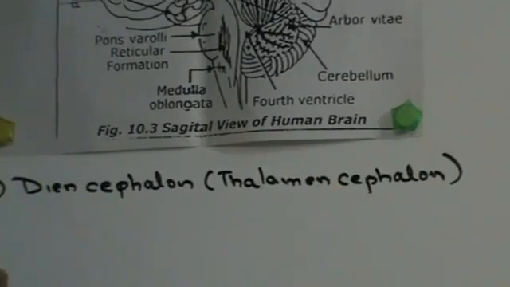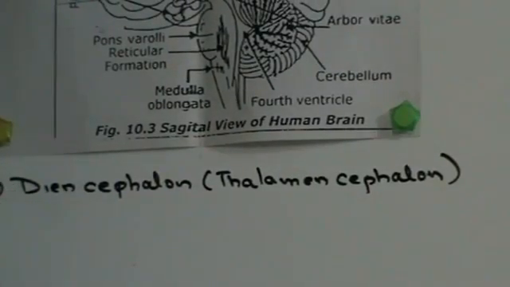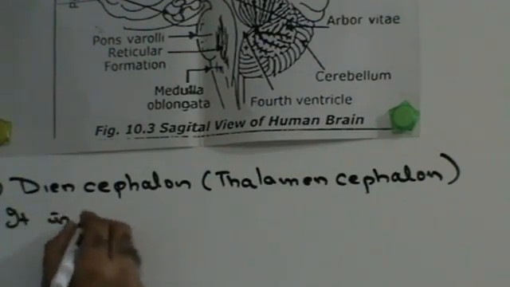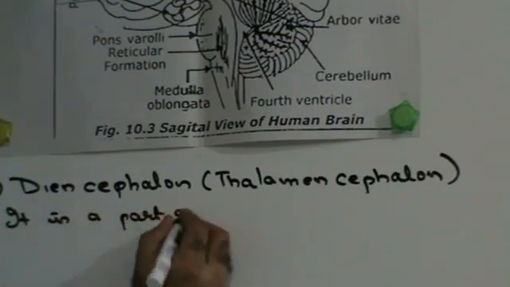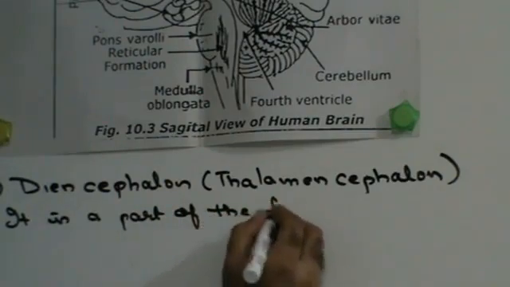It is a part of the forebrain made up of grey matter.